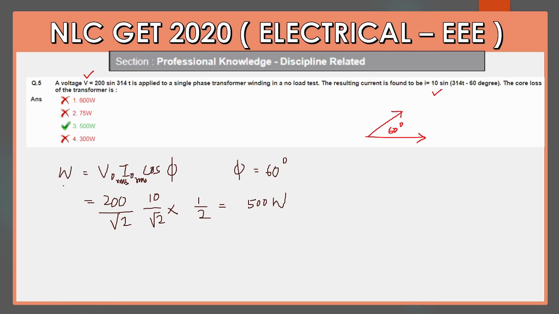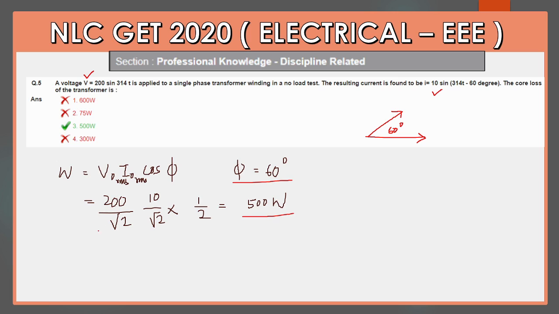We know that power equal to core loss equal to Vrms Irms cos phi, where phi is equal to 60 degree. So if you apply the formula, it will be 200 by root 2 and 10 by root 2 into 1 by 2, and finally we will get 500 watt.